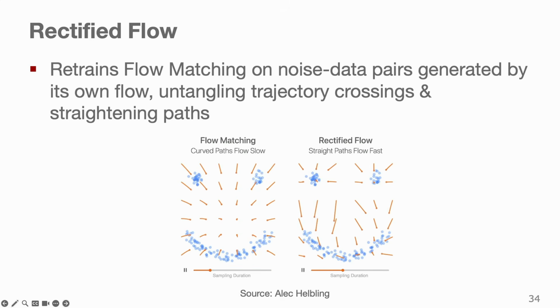Now you have your pair of x0 and your epsilon, and they are now naturally attached by this flow vector, right? And now what you do is you retrain on these coupled pairs. Because the pairs are now matched by the flow itself, the trajectories untangle, and the crossings get eliminated. And the paths become really straighter, as you can see in this visualization that shows the path between the original flow matching and the rectified flow.